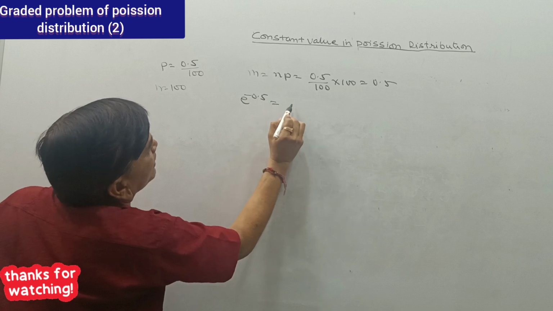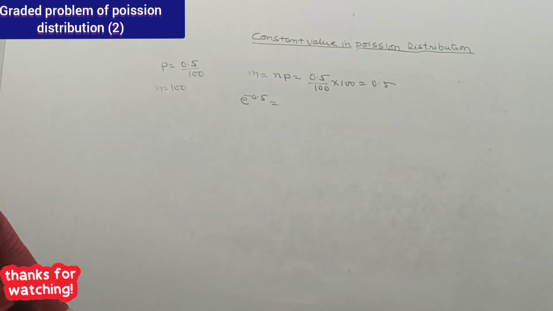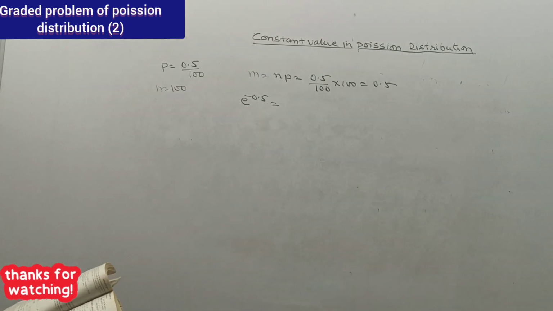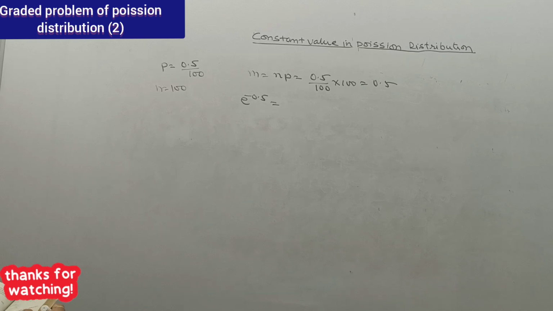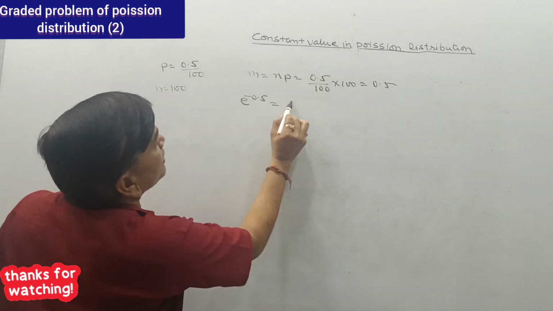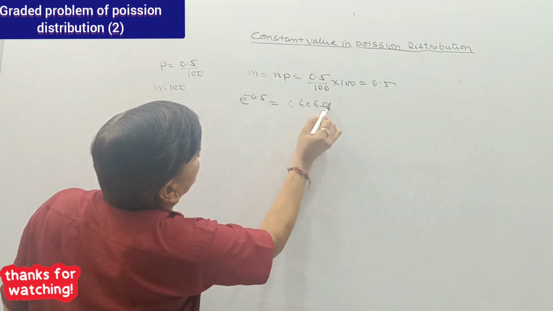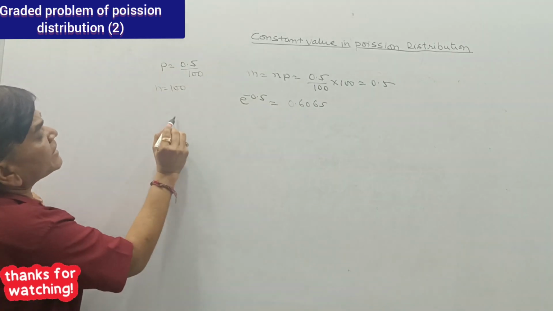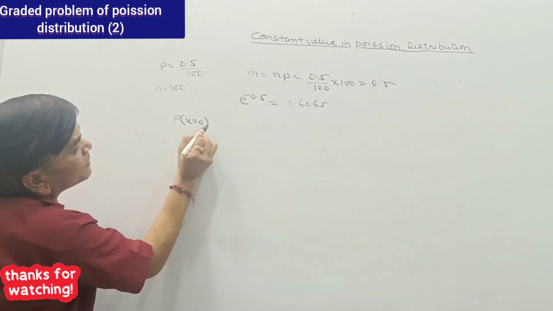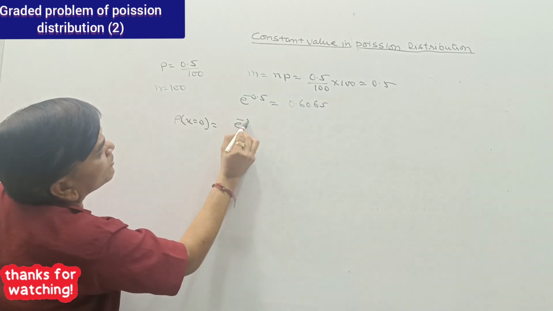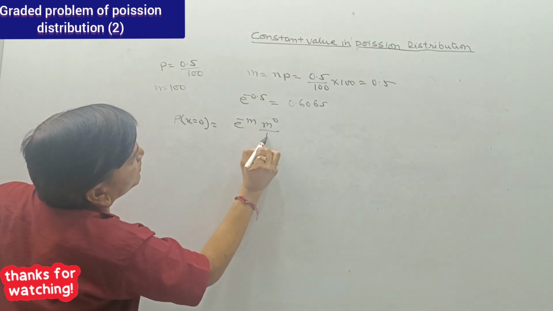So we will see the table value. For e raised to power minus 0.5, in this question it is given, that is 0.6065. Now we have to calculate exactly zero defective probability. For zero defective, that is e raised to power minus m, m raised to power 0 upon factorial 0.